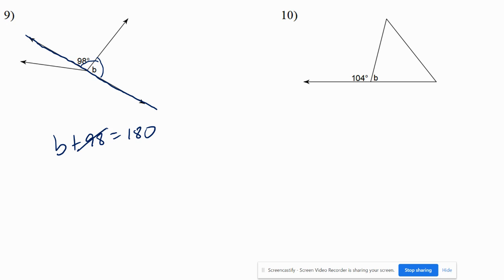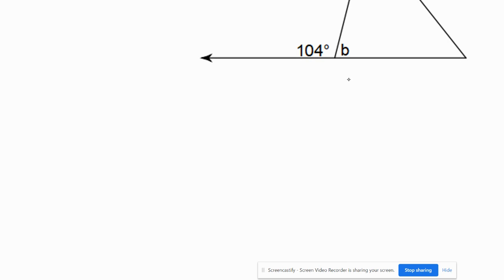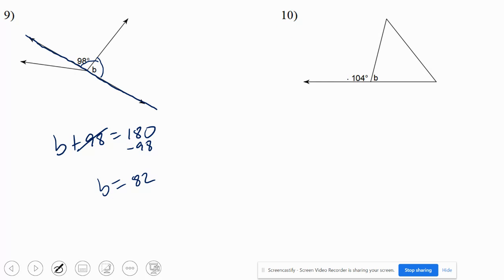Now, to get B by itself, let me subtract 98. 180 minus 98 happens to be 82. On your homework, just type in 82. Don't go B equals 82, just 82. Same thing with question number 10. I see there's that angle, and I see there's that angle.